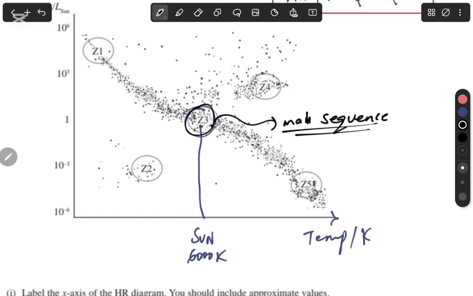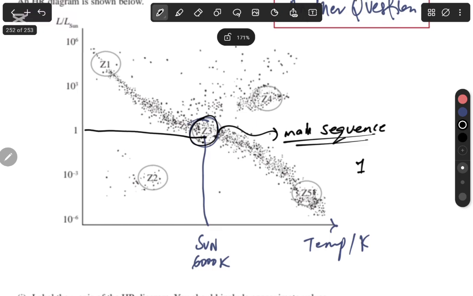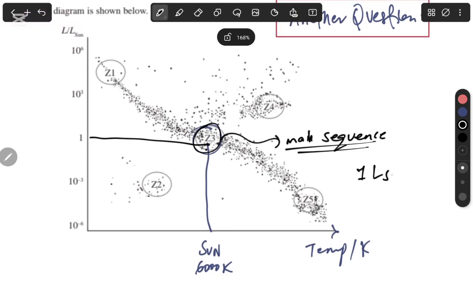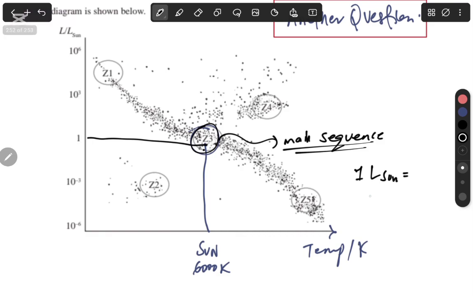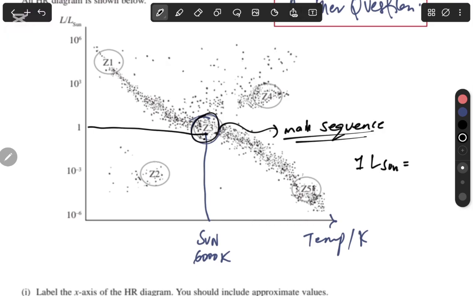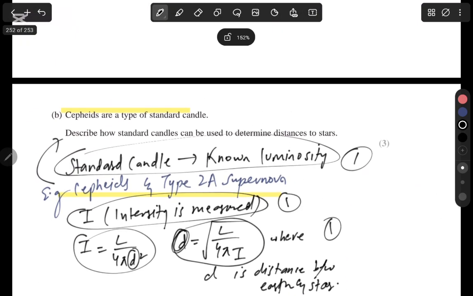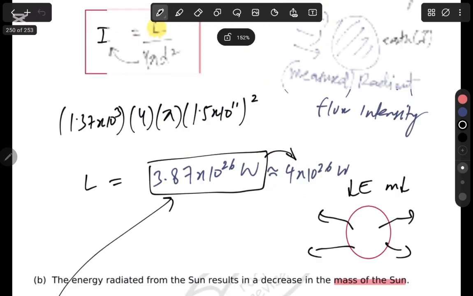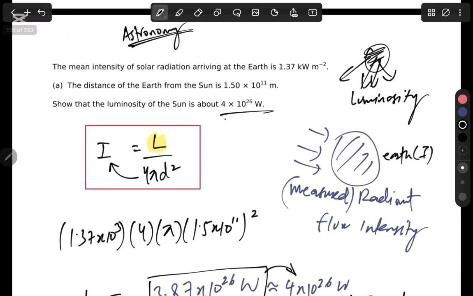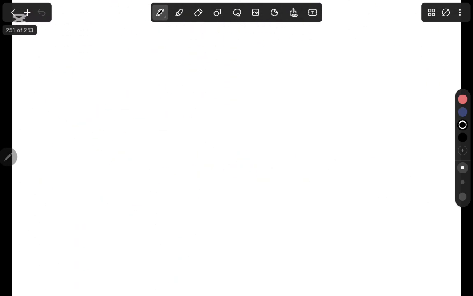Okay, now the reason the Sun is in this region is because 1 L Sun is just the luminosity of the Sun, which I think is 3.88 times 10 to the power of 26 watts, something like that, because we just calculated it before.